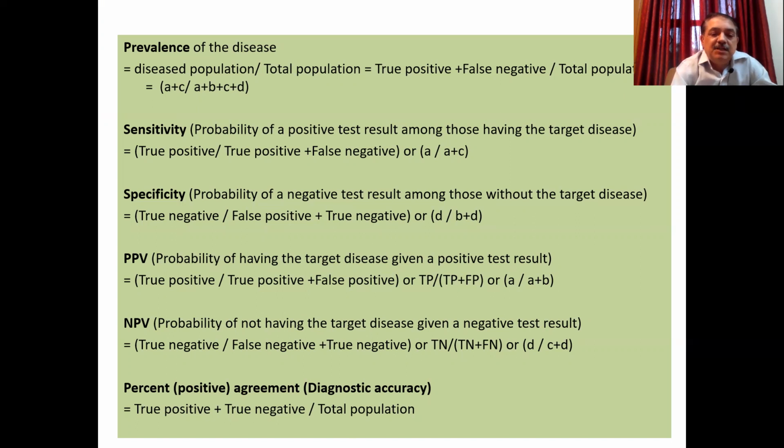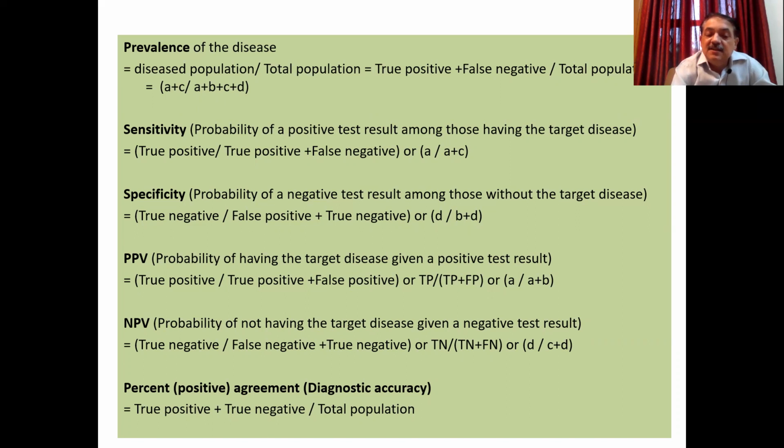And then sensitivity, you can see the true positive out of all the diseased, that means true positive as well as false negative. Specificity is about the true negative rate, probability of a negative test result among those without the target disease.